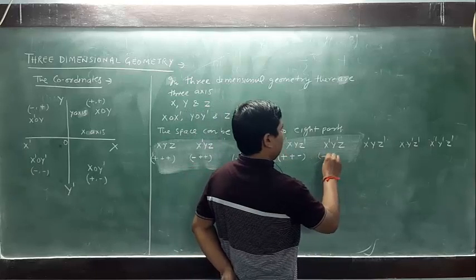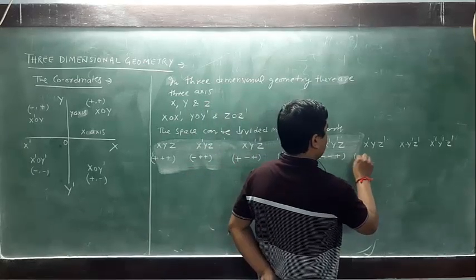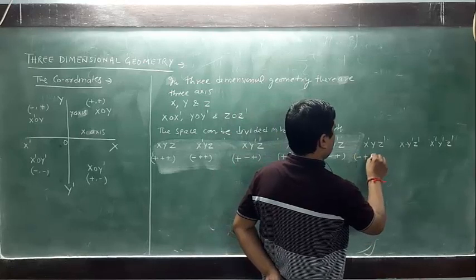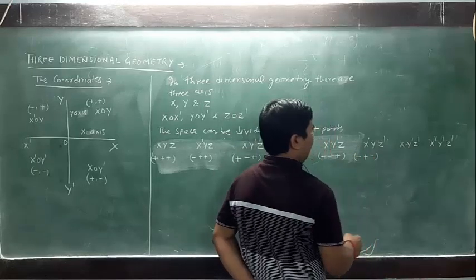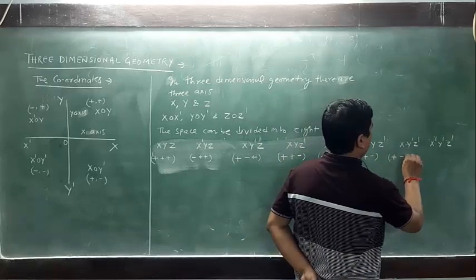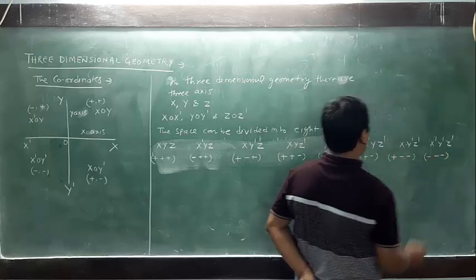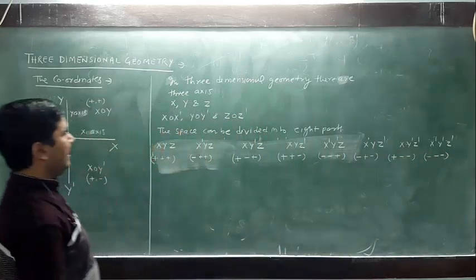This is x negative, y negative, and z positive. In this x negative, y positive, z negative. In this positive, negative, negative, and negative, negative, negative. There are 8 parts.